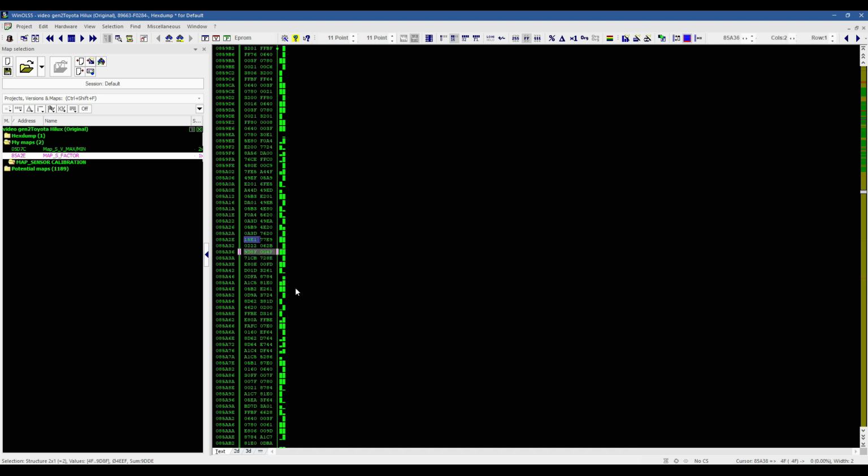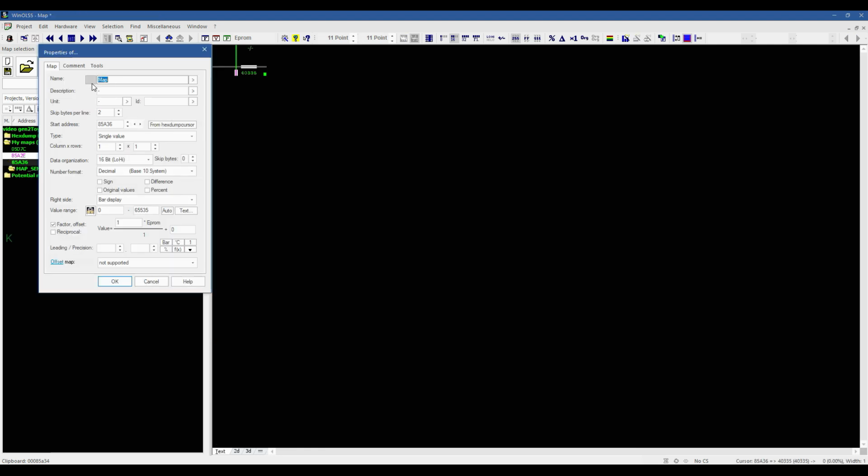So it's these 2 bytes. Little endian. Okay, but it's going to be 32-bit. So we're just going to copy, we're going to make a map out of that one. Yeah, that's right. 004F9D8F. Okay, and then we're going to turn this back into decimal.